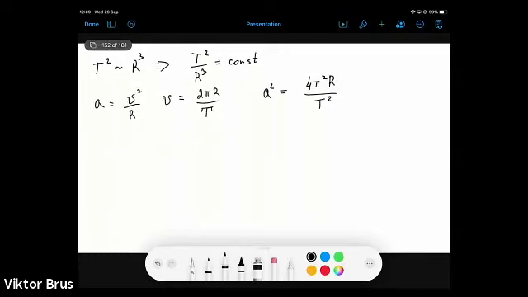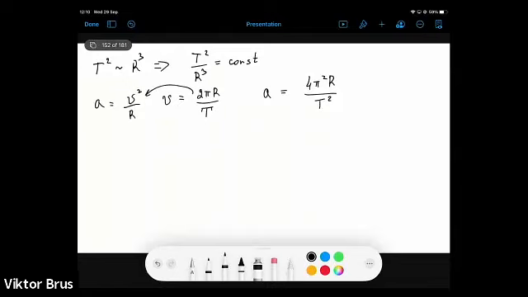Sorry, it's not squared, it's just the centripetal acceleration. So we substitute this expression here in v squared, and we get the expression for the centripetal acceleration.